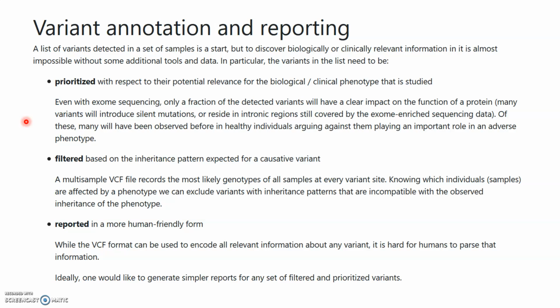So we're trying to drill down to that one variant that we can show may be causing that disease. And then obviously we want this reported in a human-friendly way, so that we can read it and interpret it.